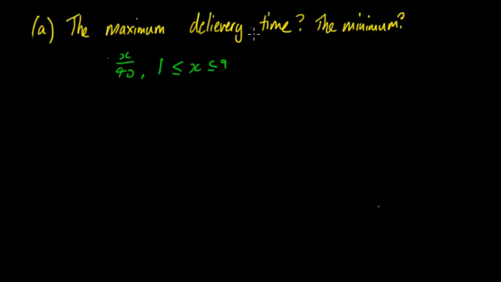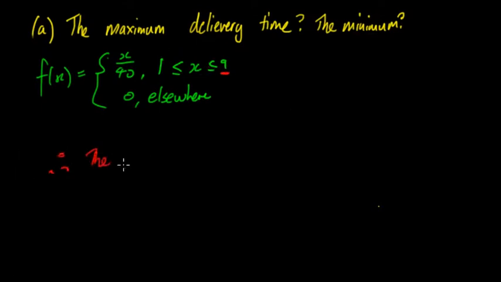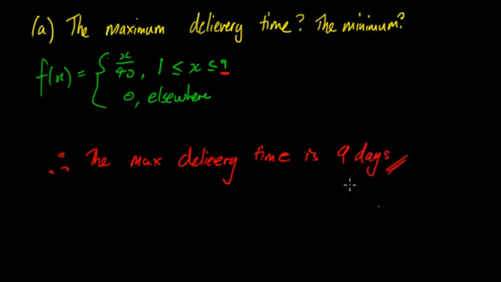So we know that the maximum delivery time, this is f(x), if you remember, is going to be this number here, 9. So therefore, the max delivery time is 9 days. And remember the days.